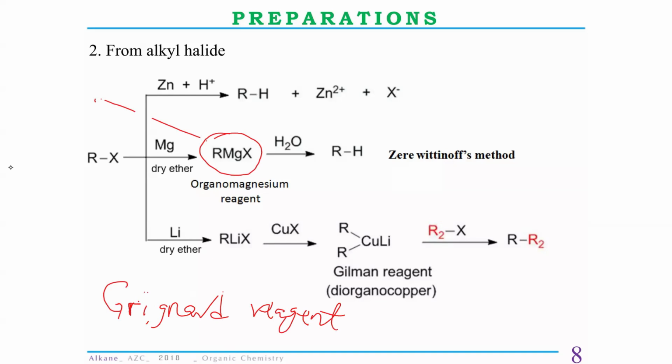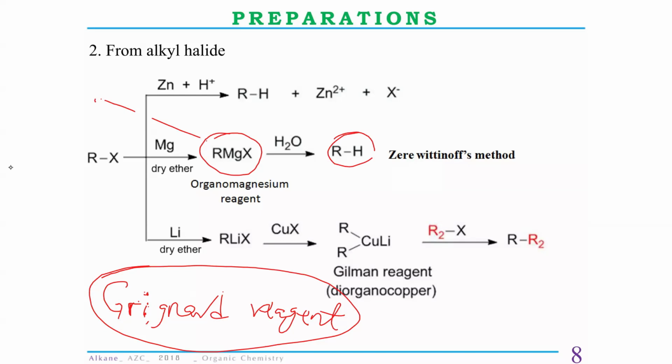Alkanes can be obtained from the Grignard reagent. After you add water molecules to the Grignard reagent, because this is an alkyl, hydrogen is added, so you can get the alkane from here.